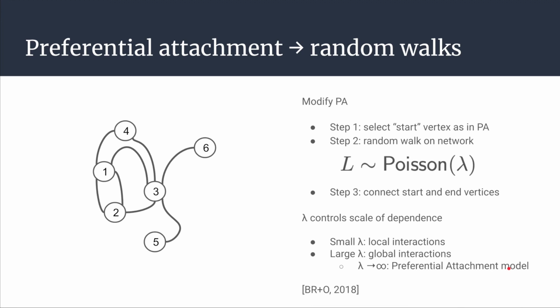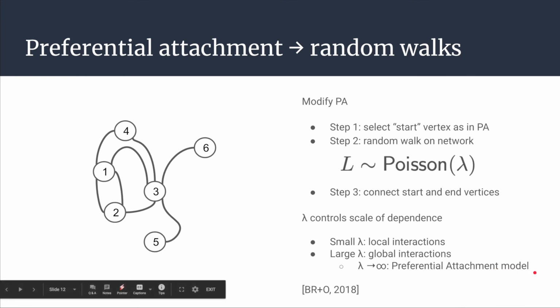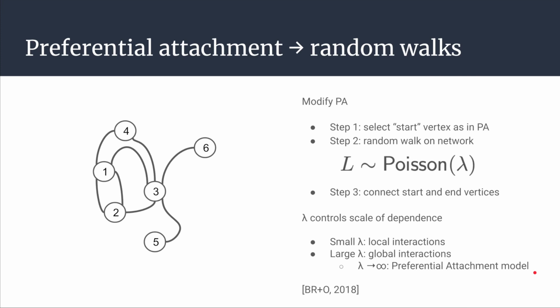On the other hand, large lambda doesn't care so much about the local structure of the network. And as lambda goes to infinity, it turns out that you recover the preferential attachment model, and in that case, new links are formed solely based on how many friends someone already has, but not who those friends are.